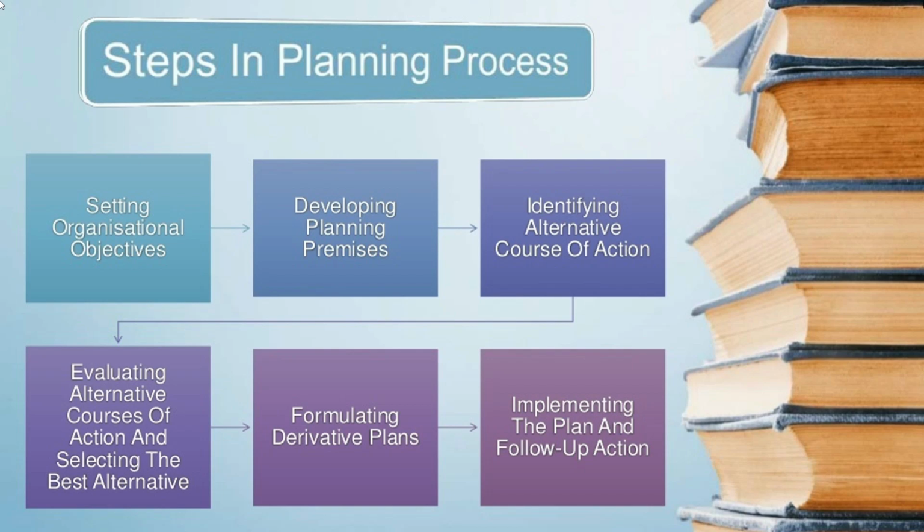The fourth step talks about evaluating alternative courses of action and selecting the best alternative. The fifth step talks about formulating or deriving plans. This last step talks about implementing the plan and follow-up action.